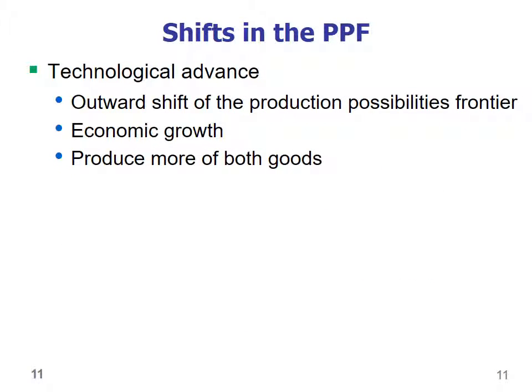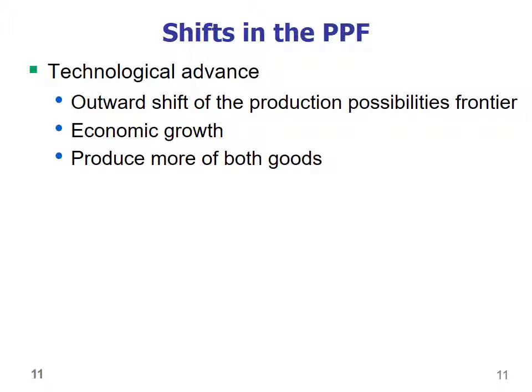One final point about the PPF is that it is not stagnant. It changes over time. The PPF depicts a nation's ability to produce the various combinations of goods and services, given its resources and technology.